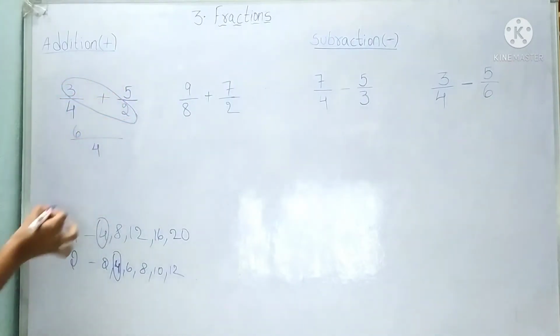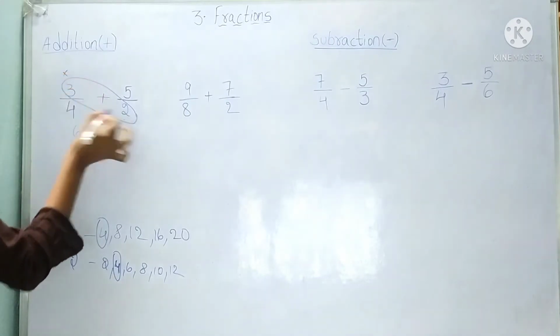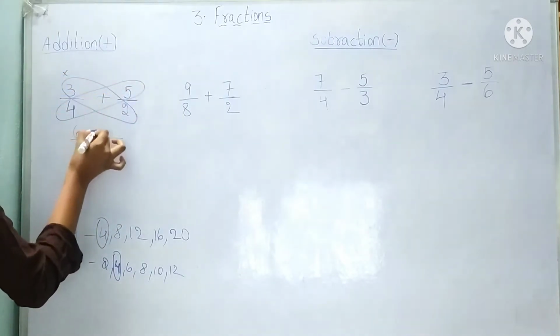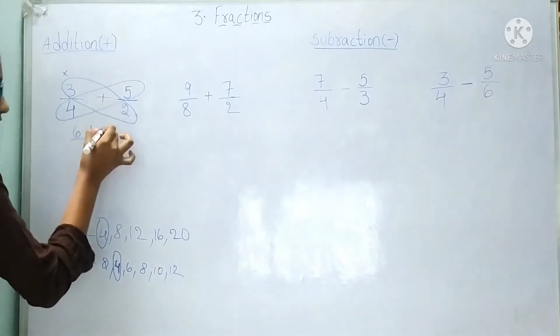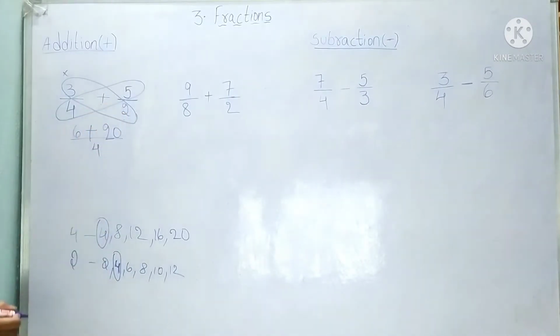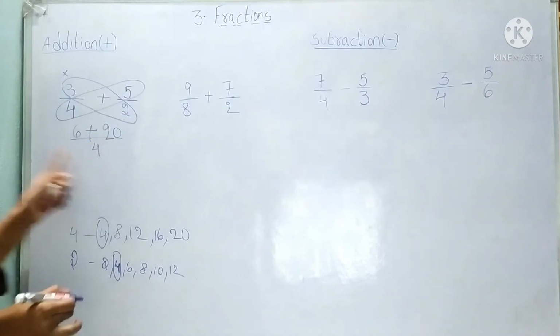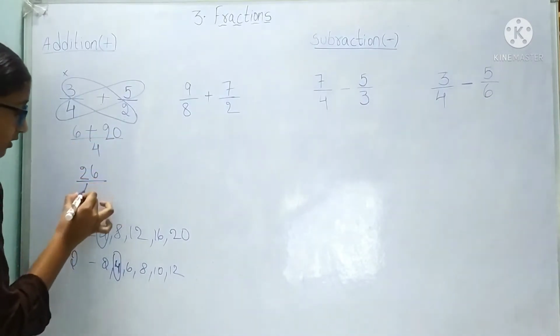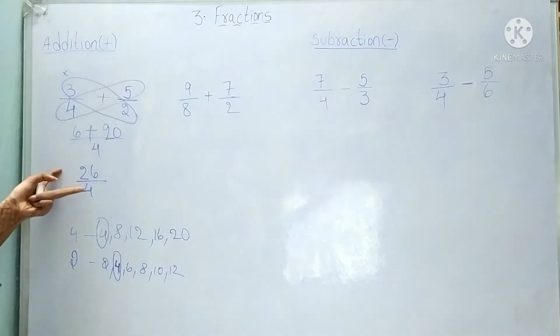Multiply this 3 into 2 is 6, and 4 into 5 is 20. So 6 plus 20 by 4. 6 plus 20 means 26 by 4. So we got 26 by 4.